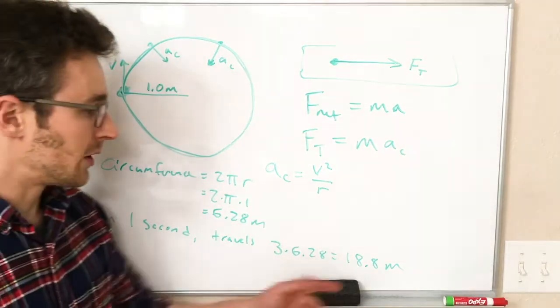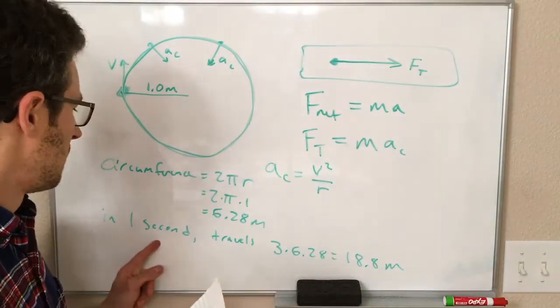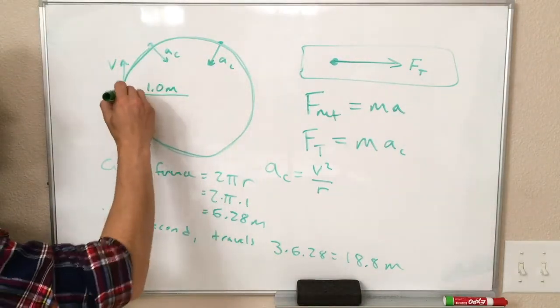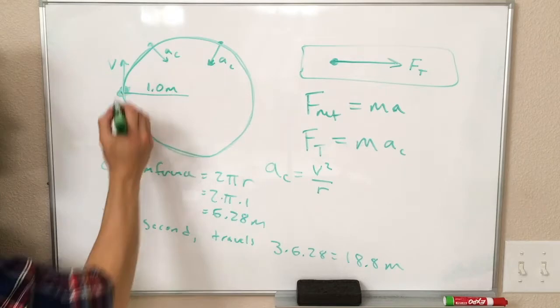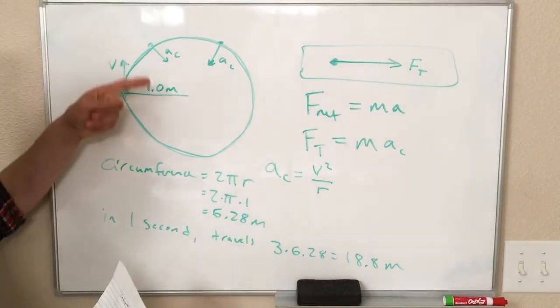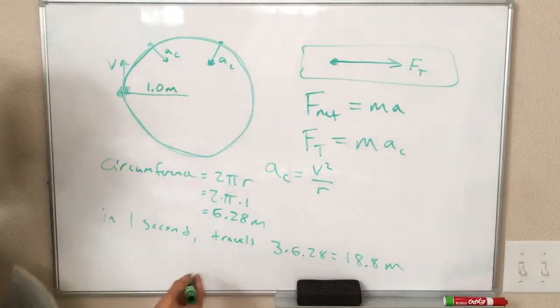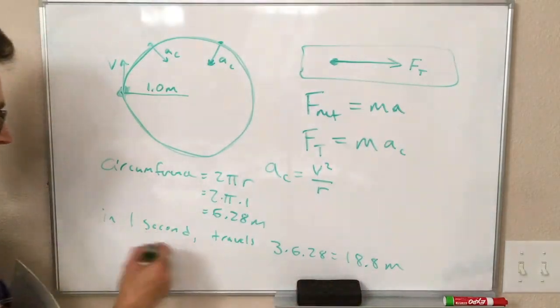So if something is going 18.8 meters in 1 second, we wait 1 second, it goes 18.8 meters. That means its speed has to be 18.8 meters per second. Or, v equals the distance over delta t.